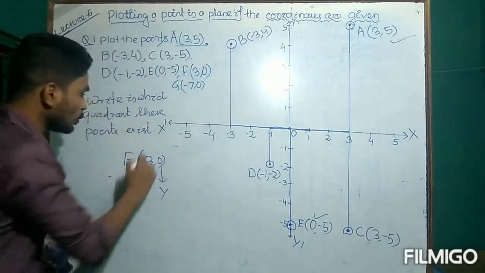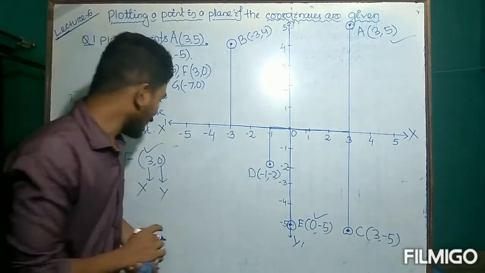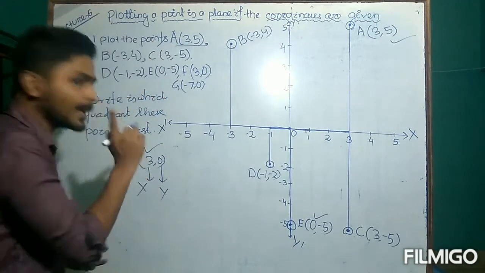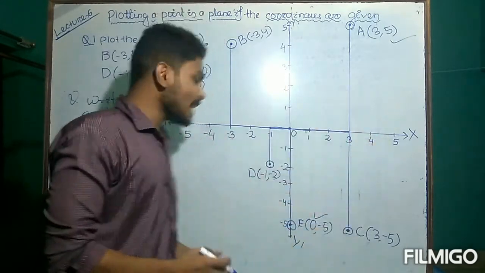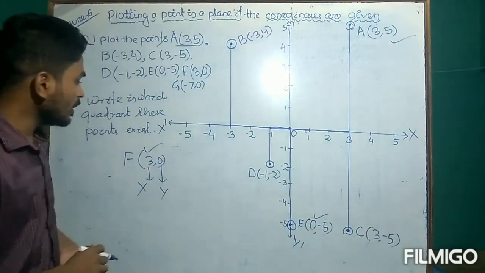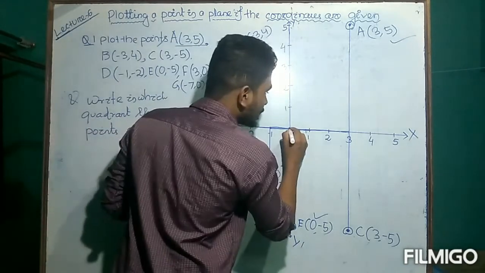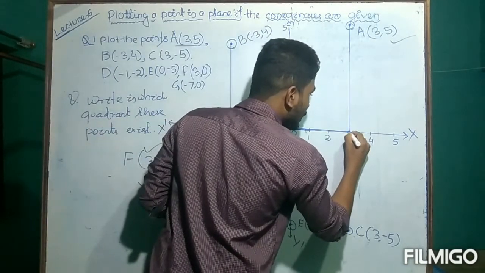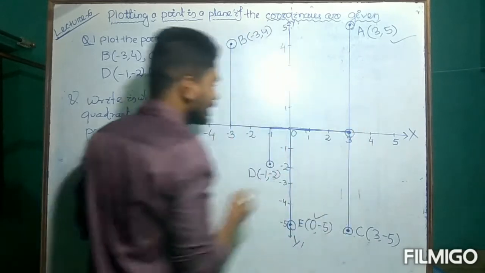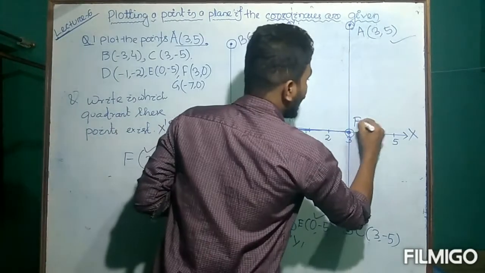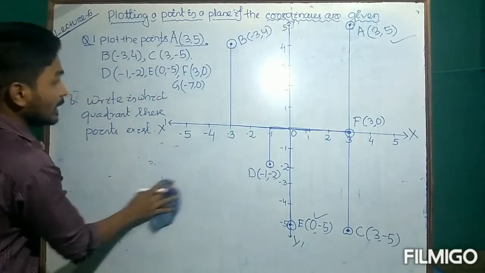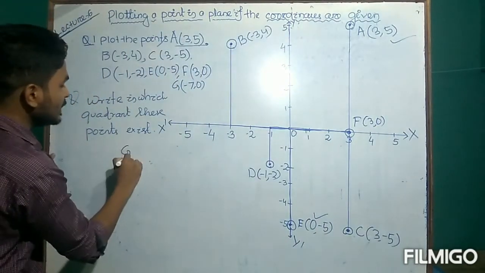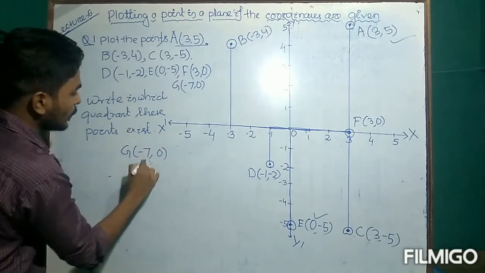So for this you have to look at the x coordinate, and the x coordinate is +3. Plus means it is towards the positive direction, or towards the right hand side, and we have to cover up to 3 units. So 1, 2 and 3. Now this point is represented by F (3, 0). Confirm?